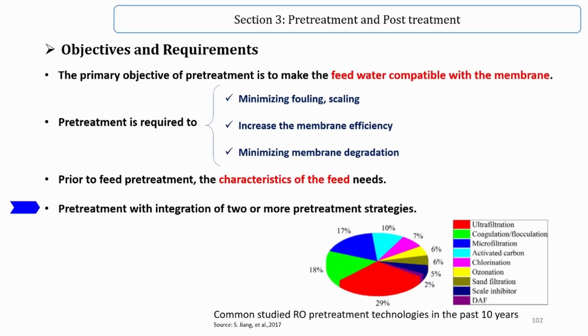Another important trend towards reducing the load on the membrane for water treatment is the integration of two or more pretreatment strategies to improve the performance of ultrafiltration, nanofiltration, and reverse osmosis.